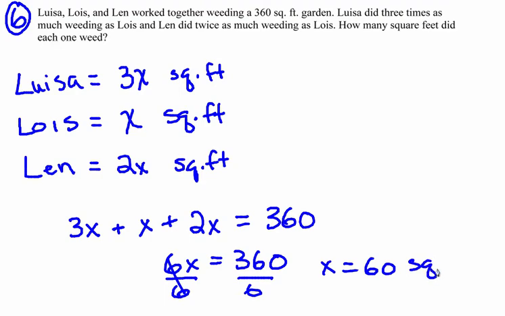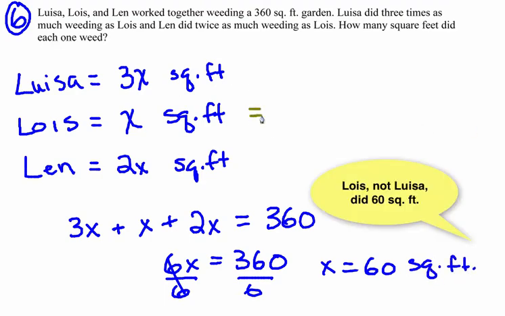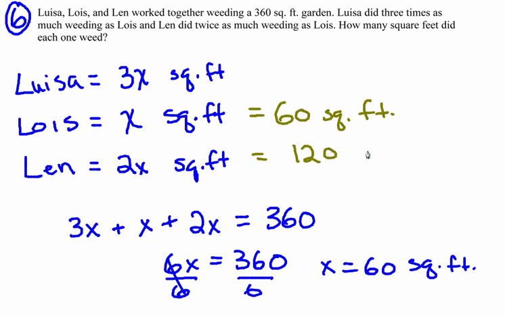That means that Lois weeded 60 square feet, Len weeded 120 square feet, twice as much as Lois, and Louisa did 3 times as much as Lois, which is 180 square feet.